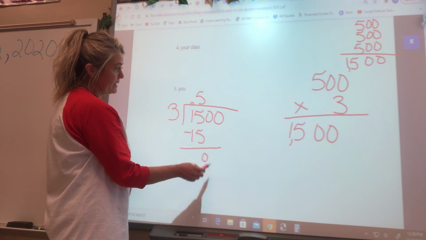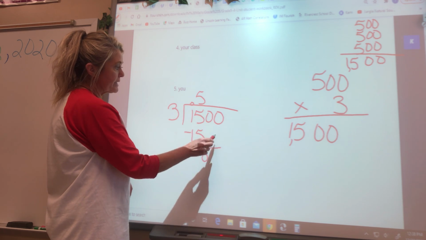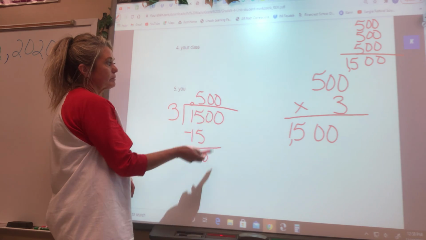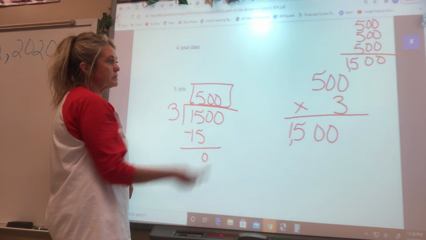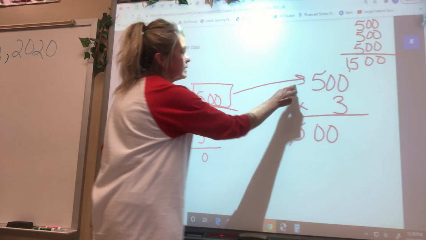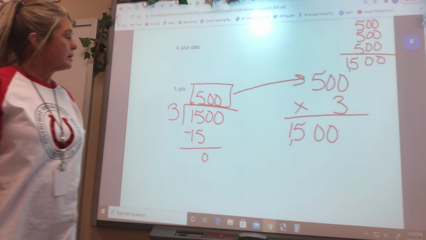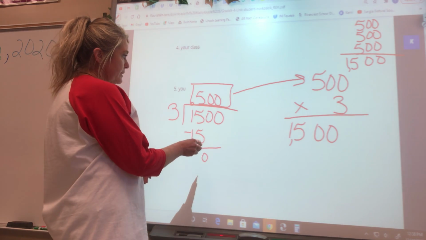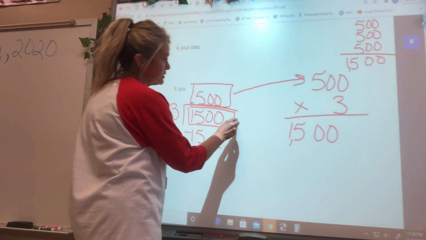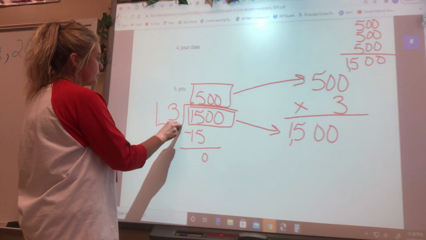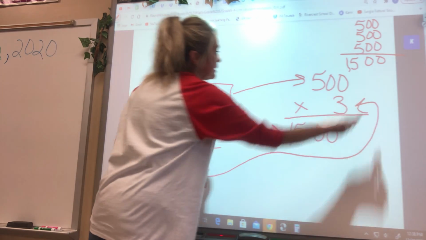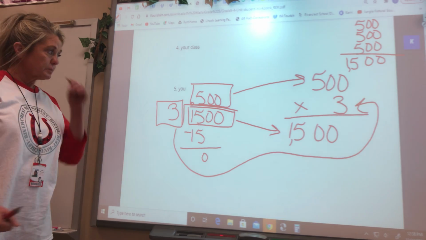If we subtract, then we have nothing left to bring down except zeros. And our quotient ends up being one of the numbers that we were multiplying by. So we can see by looking at all of our numbers how multiplication and division are related.